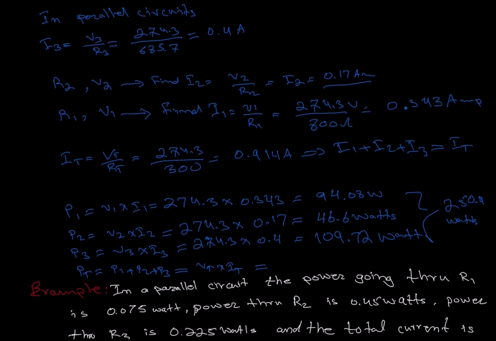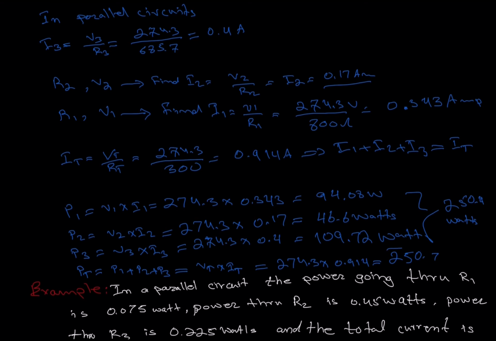Now if I do it this way, VT, total voltage, was 274.3 times IT, which we just found, was 0.914. 0.914 times 274.3 will give me 250.7.